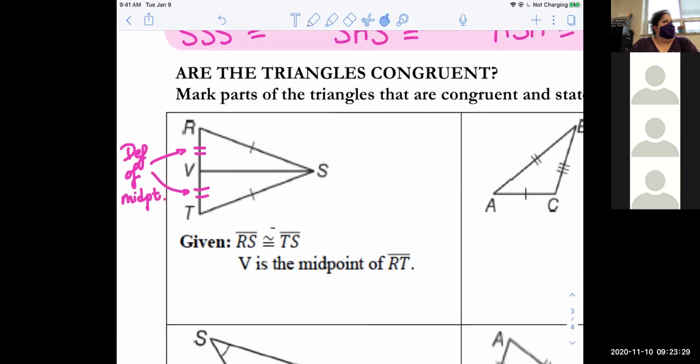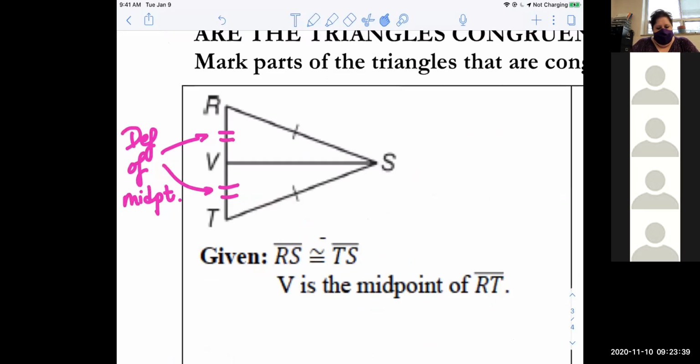Okay. Now, there's something we talked about just a few minutes ago that we could also mark here. What else could we mark? Jake? Okay, a midpoint does not have to make a right angle. Like it looks like it's drawn to be right, but I don't want you to assume that. Kara?